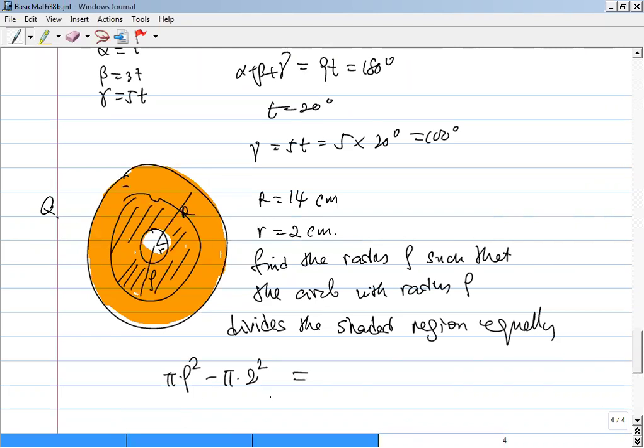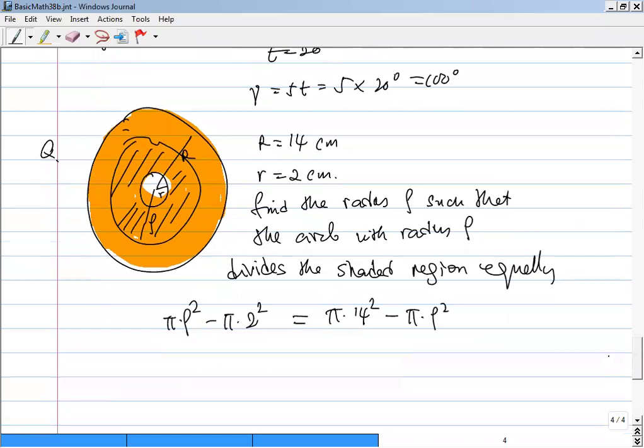And that should be equal to the area of the other side, so pi 14 squared minus pi rho squared. Got it? So now you get an equation in rho. Pi should be gone. So rho squared minus 2 squared equals 14 squared minus rho squared.